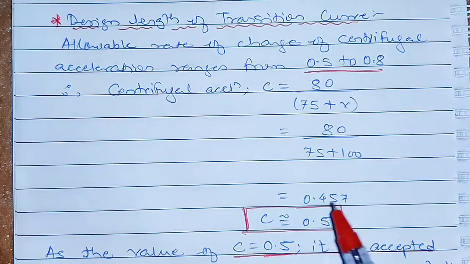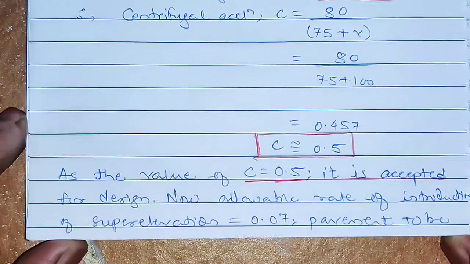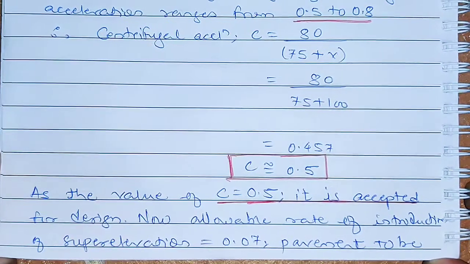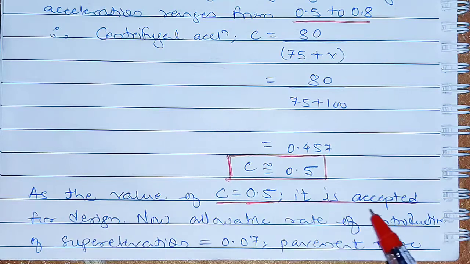So the value of C comes out to be 0.457, which is taken as 0.5. Now, as the value of C is equal to 0.5, it is accepted for the design.